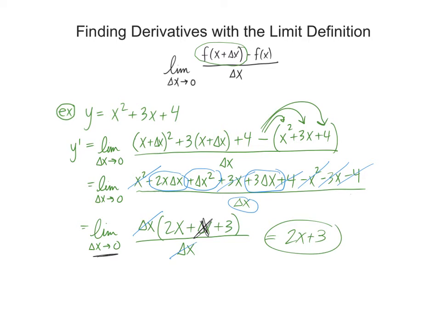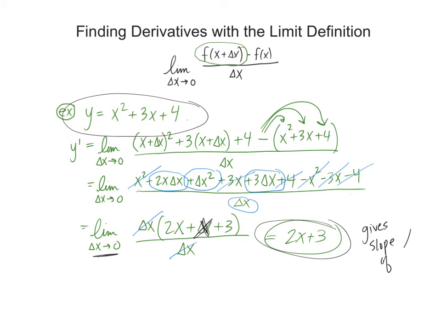All right, so we would say that the derivative of x squared plus 3x plus 4 is 2x plus 3. This function, 2x plus 3, will give me the slope of this parabola at any x value. All right, don't forget what a derivative does. It gives you the slope of the tangent lines of that parabola at any x value.